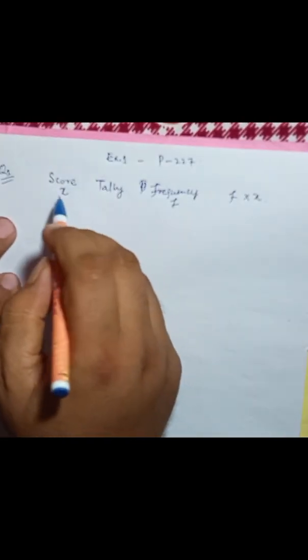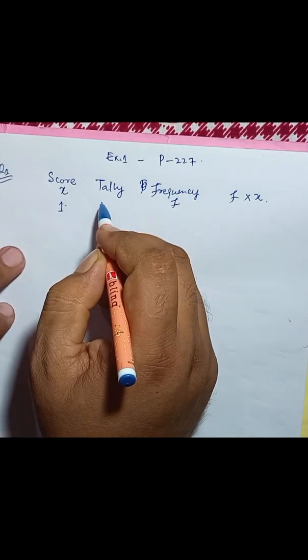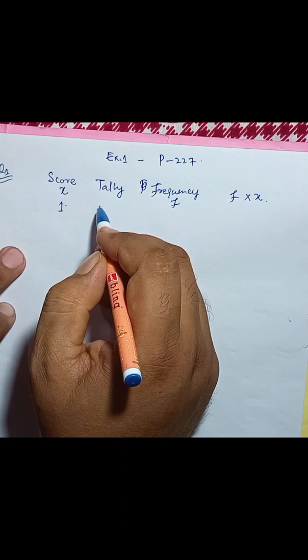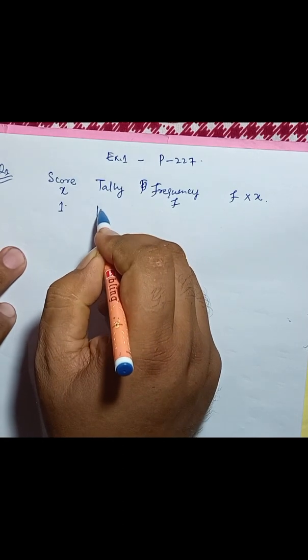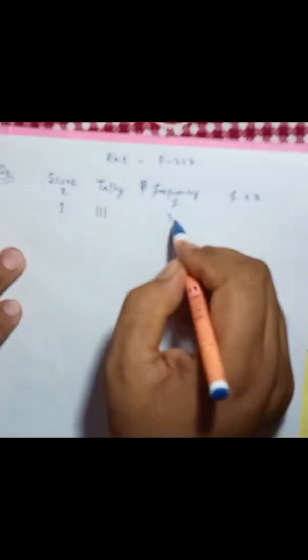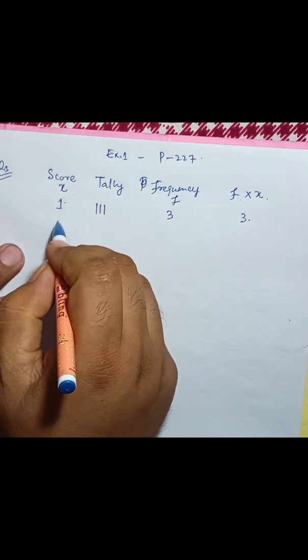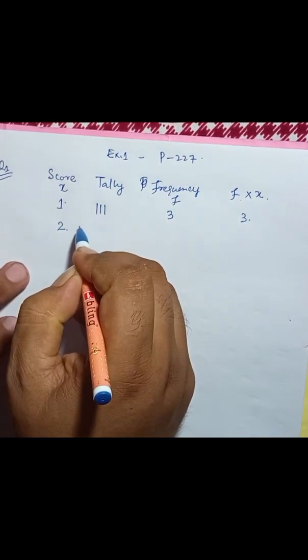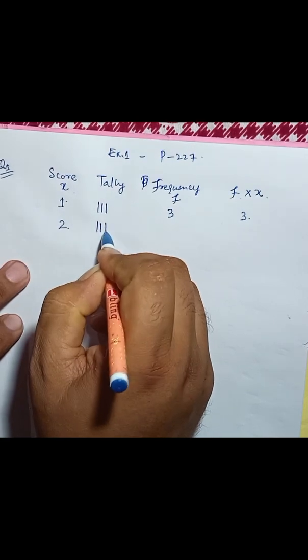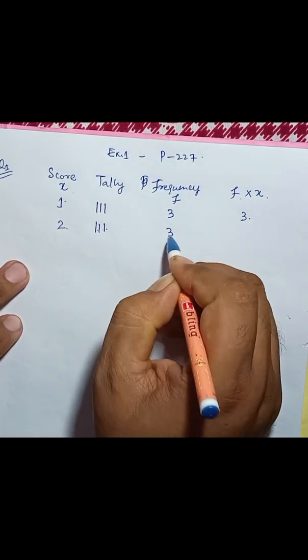First you will see the smallest one, that is 1. You can see how many times it exists. If you check, it exists 3 times, so I will draw 3 lines, and the frequency will be 3. F into X will be 1 into 3, that is 3. Next data is 2. It exists 3 times, so I will write 3 lines, and here the frequency is 3.